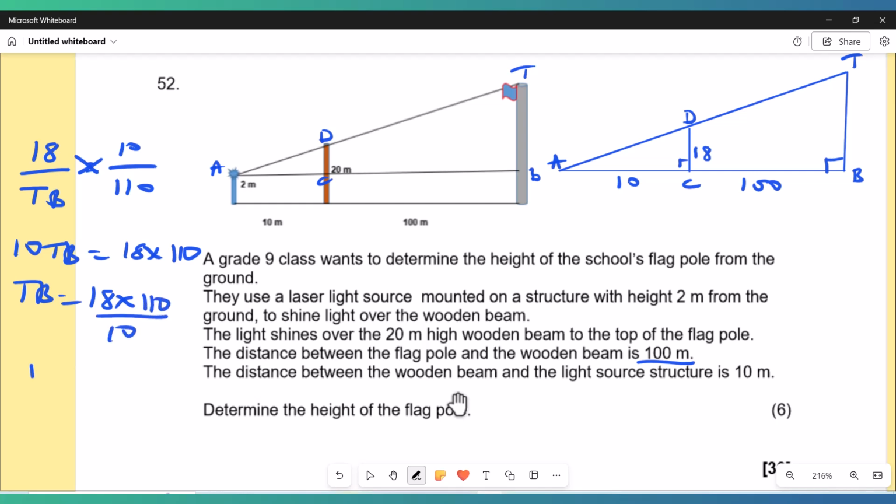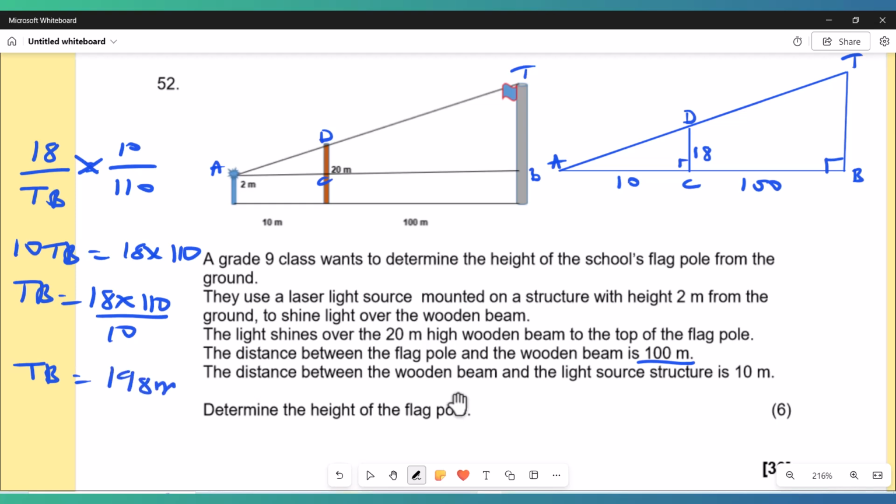So what's our TB? Here I have 18 times 110 divided by 10, which gives me 198. So this is 198 meters.